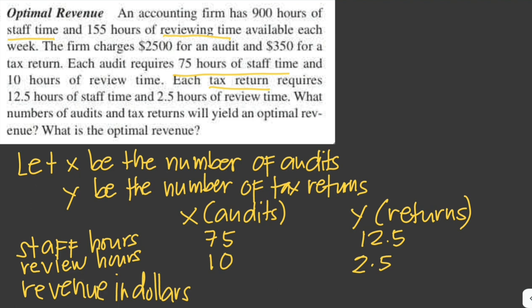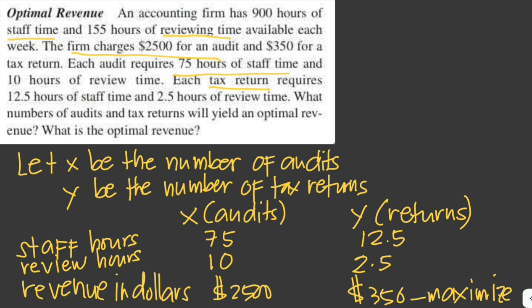And then for the revenue in dollars, it says here that the firm charges $2,500 for an audit, so this would be $2,500, and then $350 for the tax return. So this is the value that we're going to maximize.